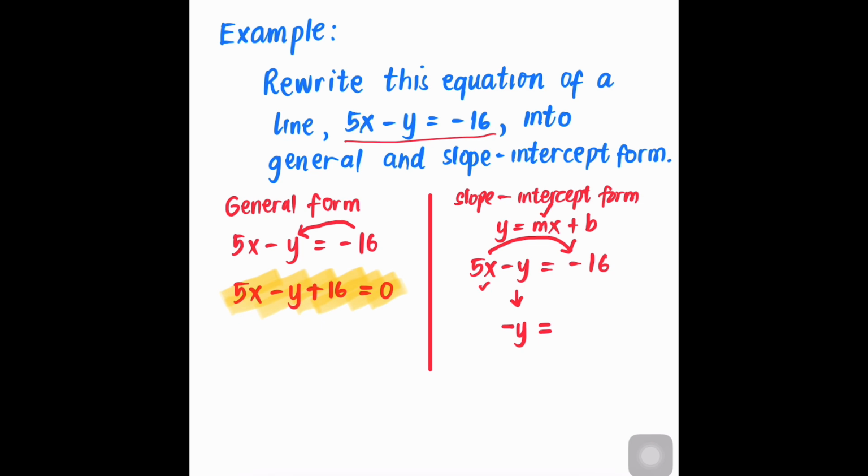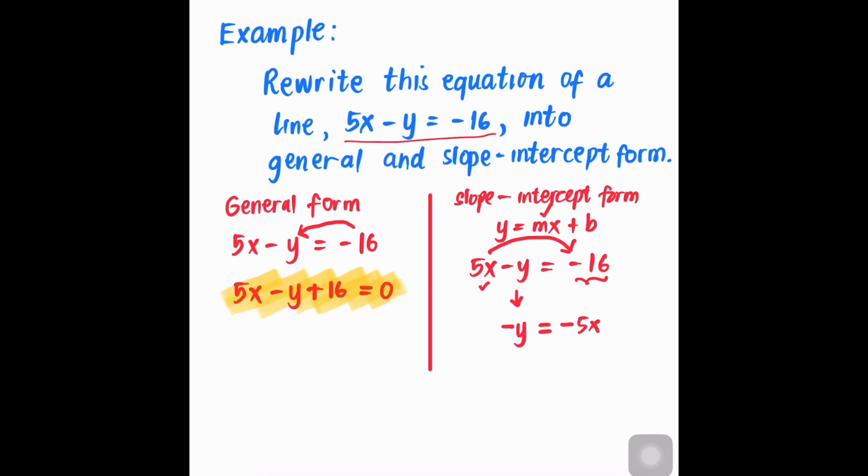And by doing that, 5x is jumping over the equal sign. So from positive 5x, we need to change it to negative 5x. And for the last part, we have negative 16, the constant term, is actually already on the right-hand side, right?